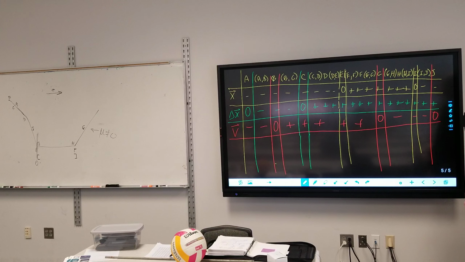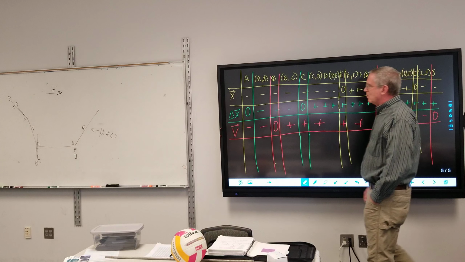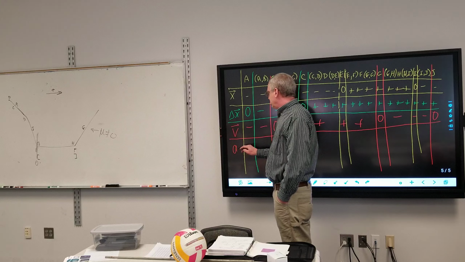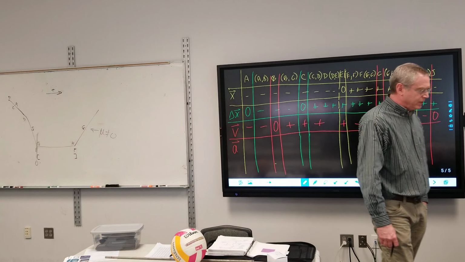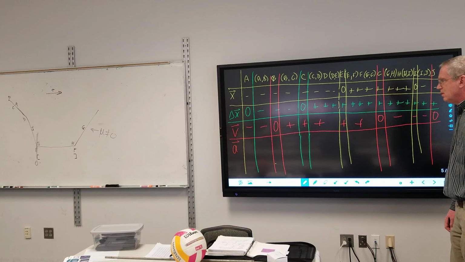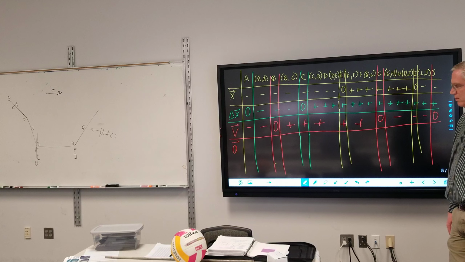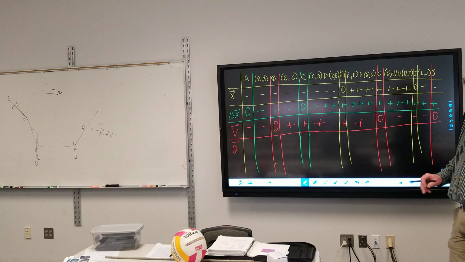And now the tough one. We can get some of these simply enough. There are a couple of different approaches to it. Approach number one. I know that if acceleration and velocity are the same sign, it's going to speed up.